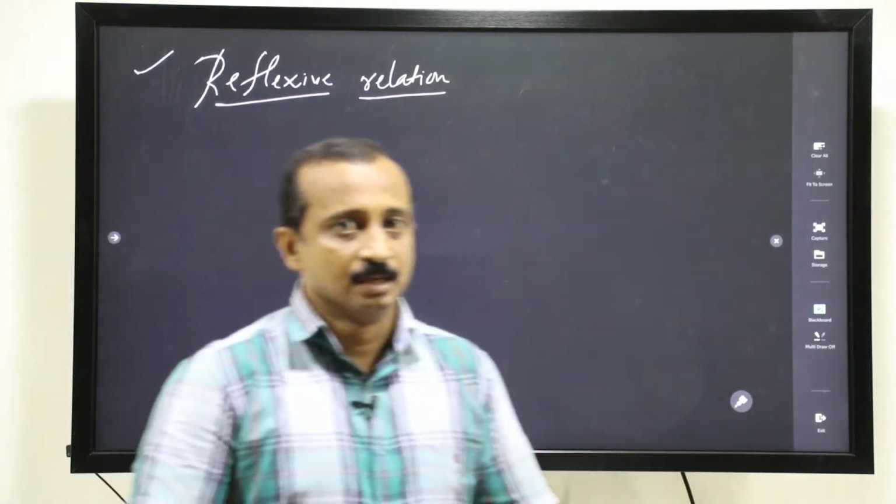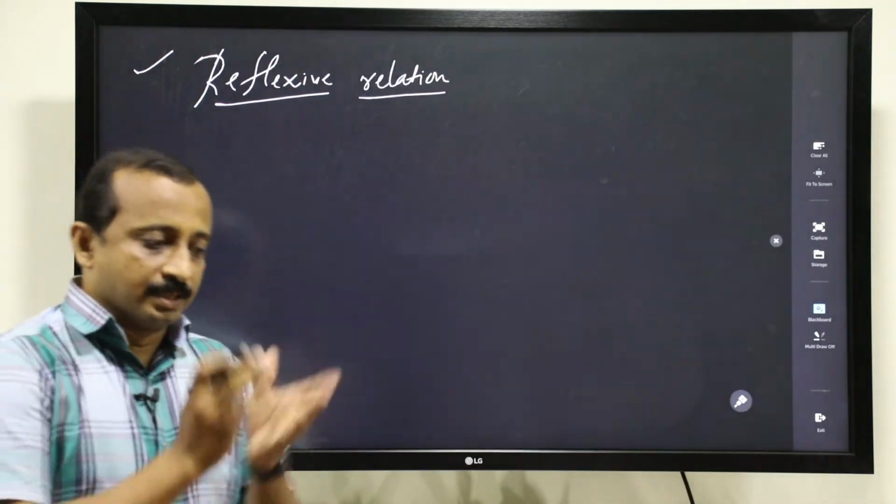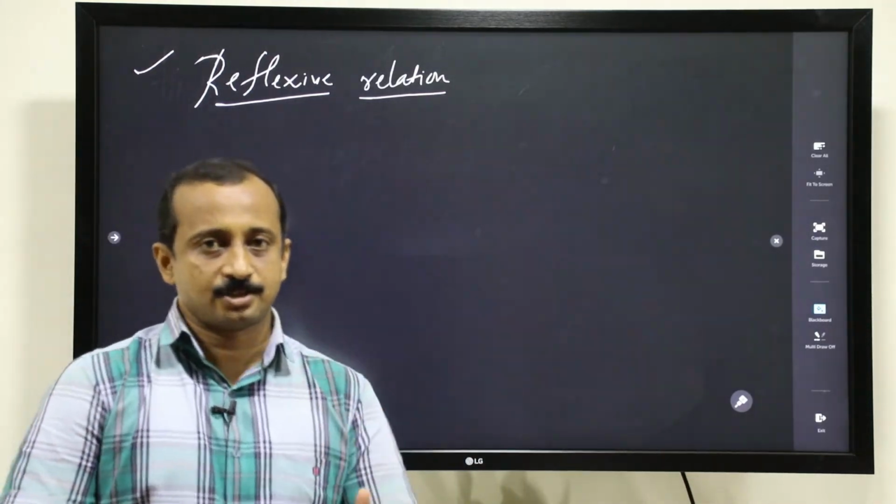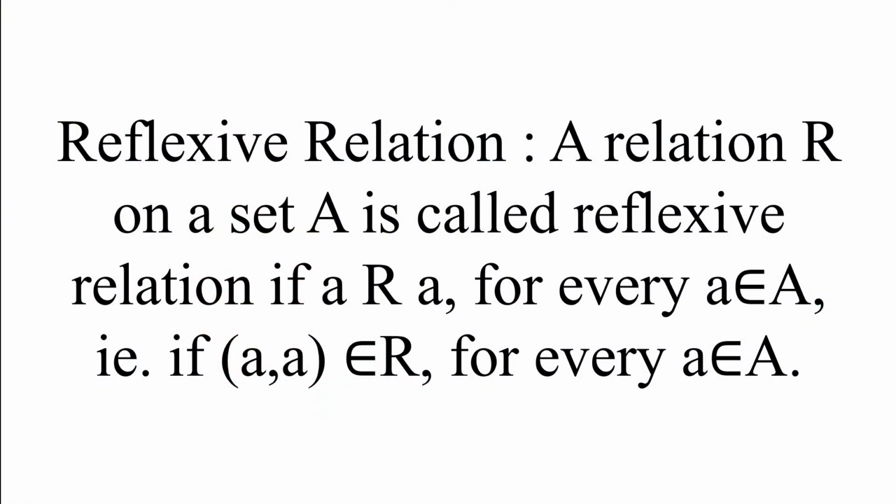The definition states that a relation R in a set A is called a reflexive relation if A is related to A, that is, the ordered pair (a, a) is an element of the given relation for all a in A.